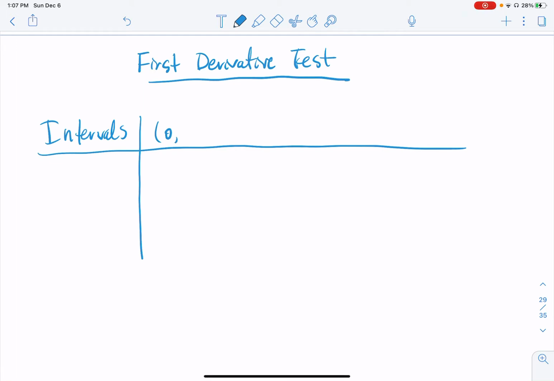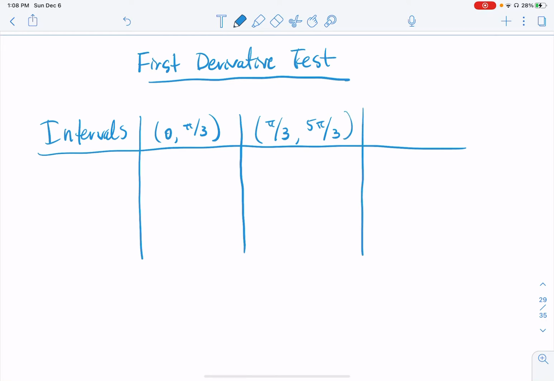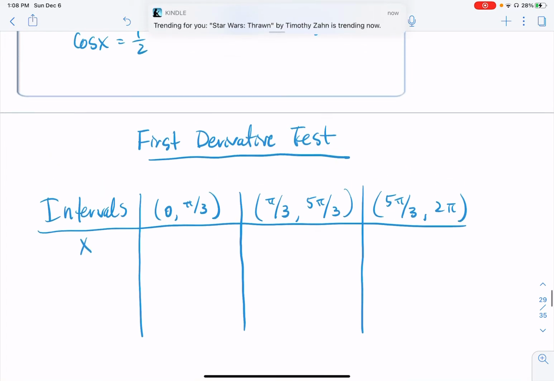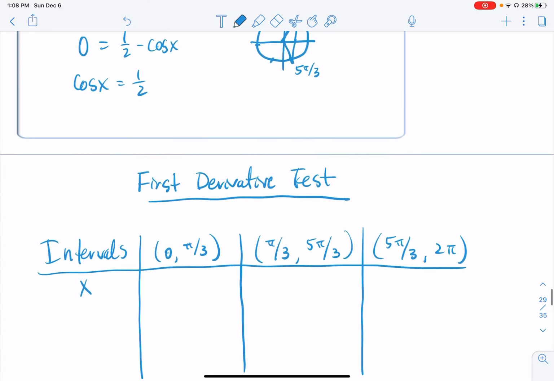So the first critical number was pi over 3. And then we need to test from pi over 3 to 5 pi over 3. And finally, from 5 pi over 3 to 2 pi. Okay, and then we need to find some sort of test value. So pick something super convenient in each one of these intervals.